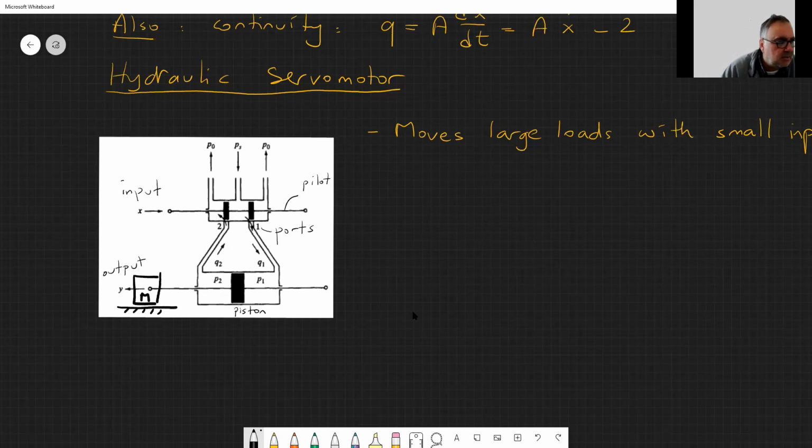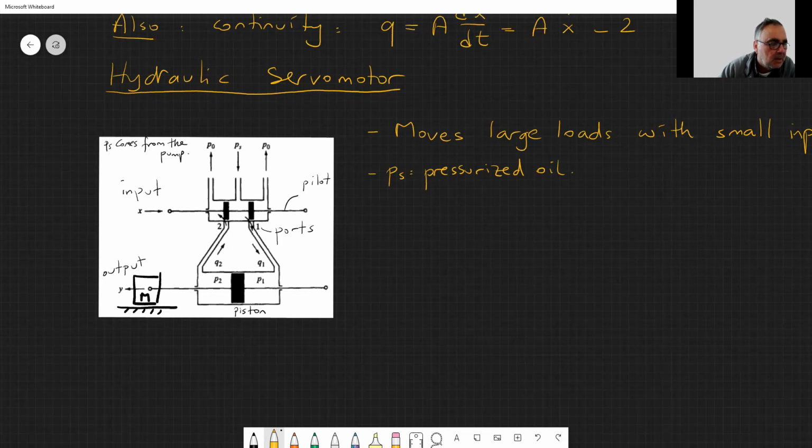PS is the pressurized fluid coming from the pump. So PS is the pressurized oil, let's say.